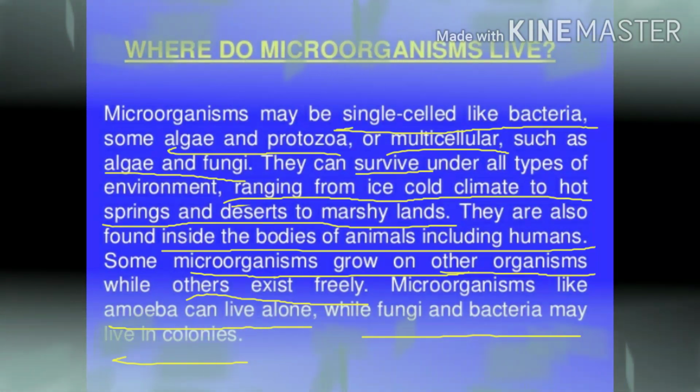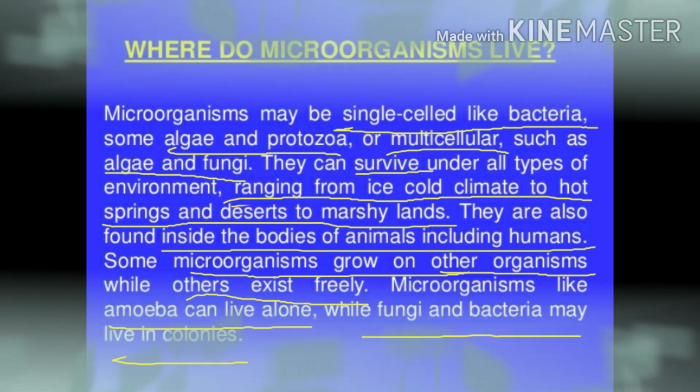Microorganisms may be single-celled like bacteria, some algae and protozoa, or multicellular such as algae and fungi. Here we can see bacteria and some algae and protozoa are single-celled microorganisms, and some algae and fungi are multicellular organisms.